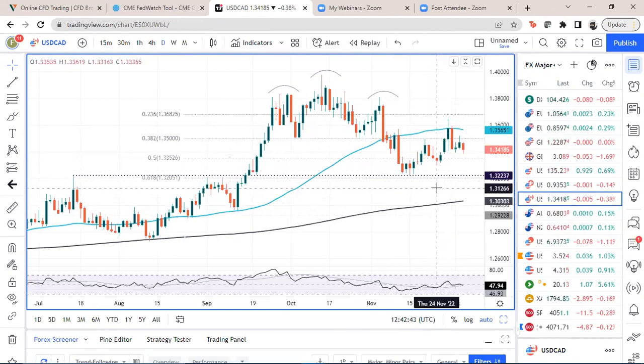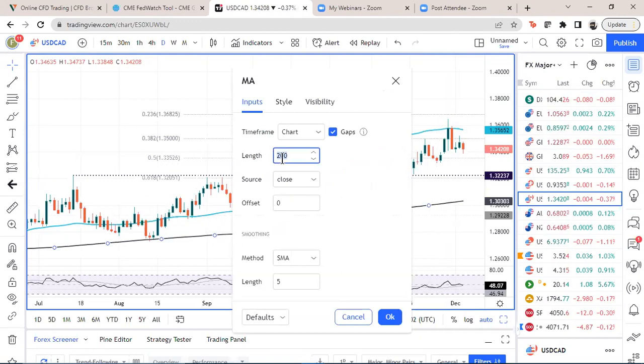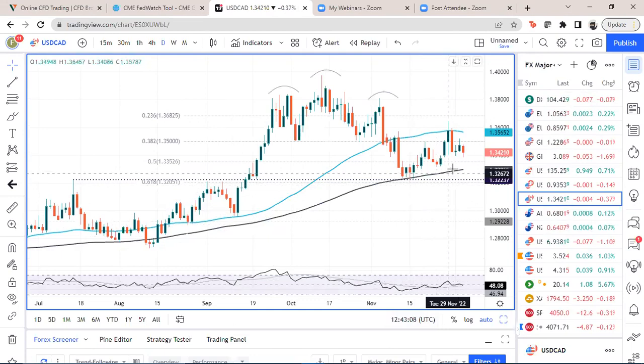Key support remains probably around 133.80, 133.90. But if we do lose that, then potentially we go down to the 132, 133 level. The 100-day moving average, if we just change this one, is the next support level, just below 133. That's for dollar CAD.